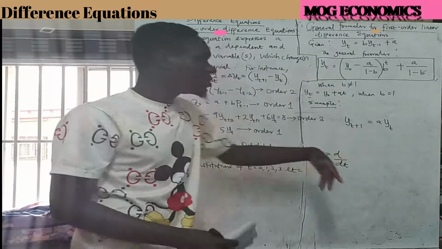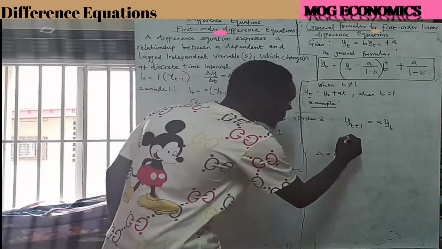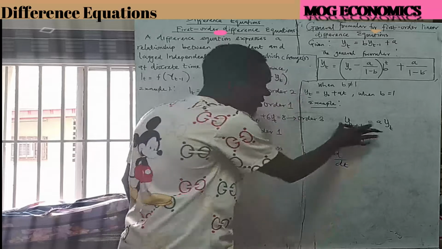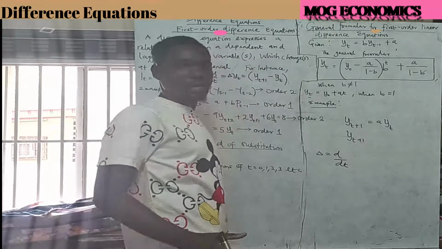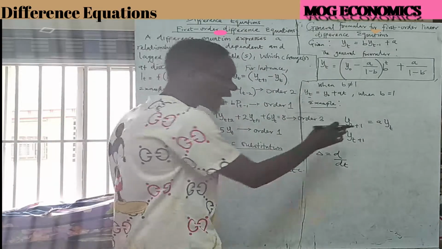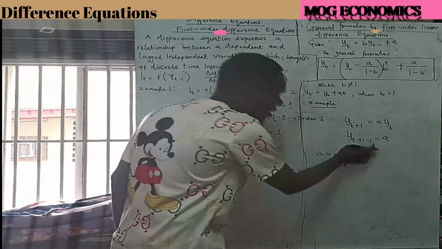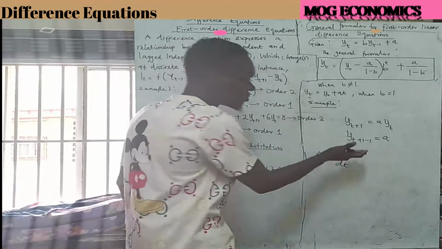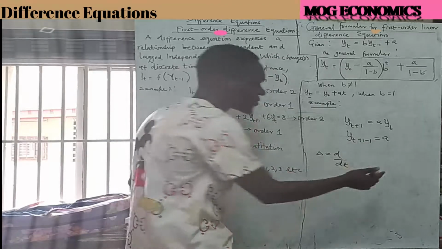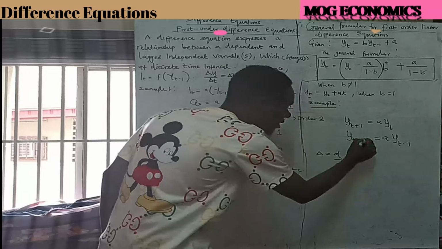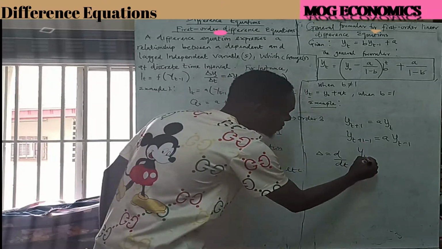This can also be expressed alternatively like this. If we lag this equation by one period, deducting one from the period, then this cancels this out, and here we have this.